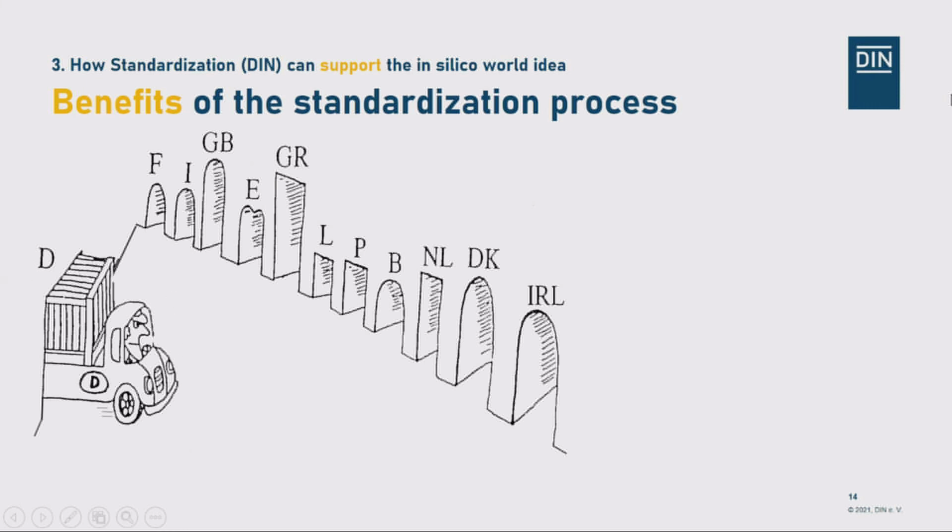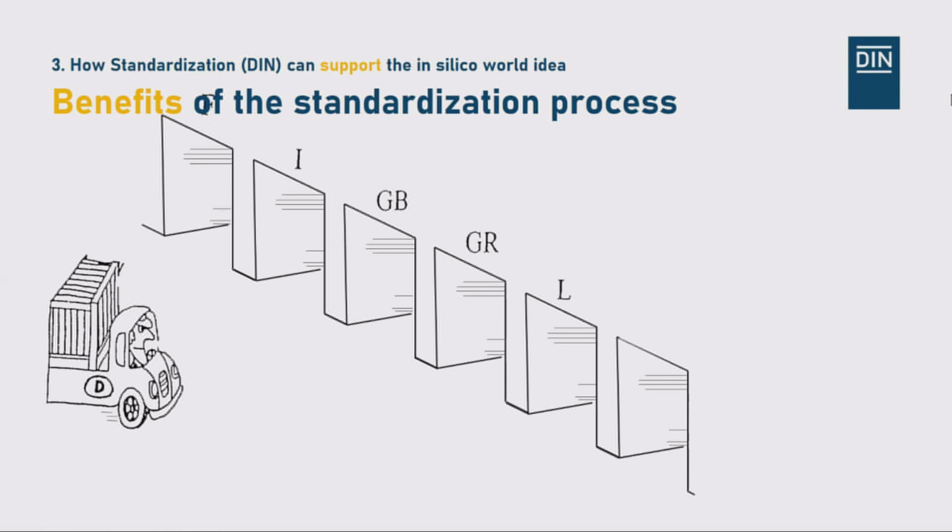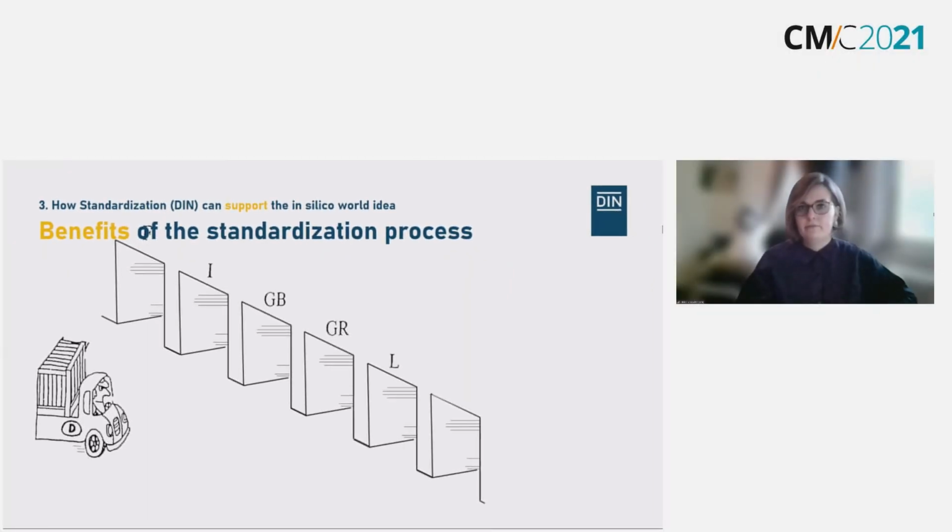After all participants have found a common language and set some common requirements, they ensure compatibility and interoperability of components, products, and services. So in the end, our little truck has its way to go, and thus we can bring benefits to businesses and consumers in terms of reducing cost, enhancing performance, and improving safety.